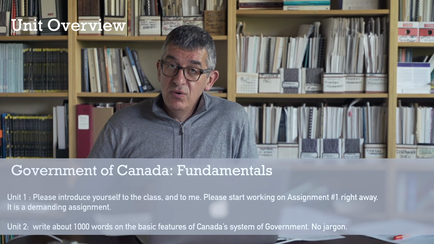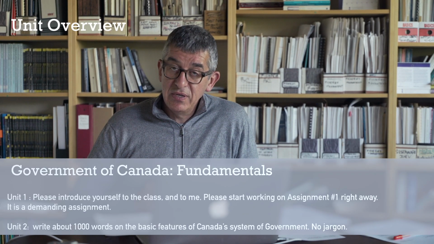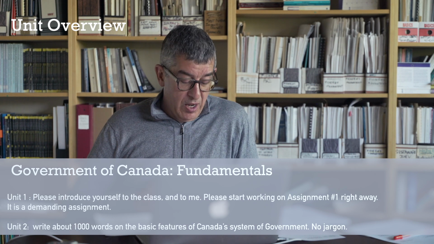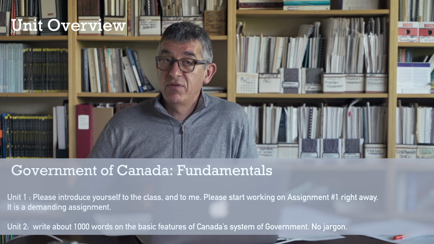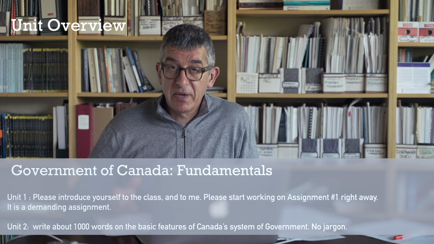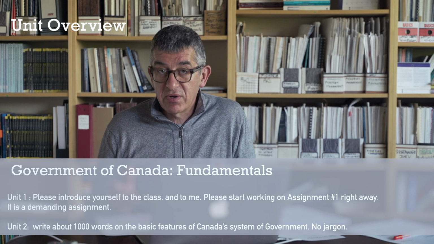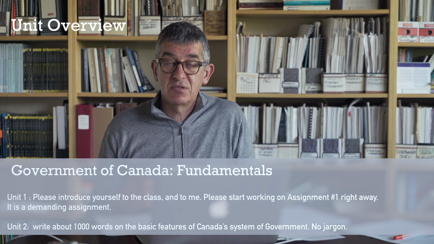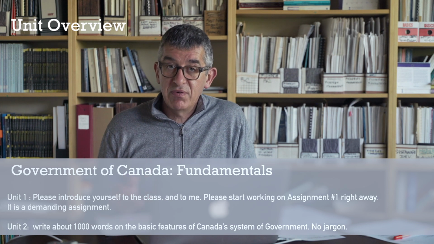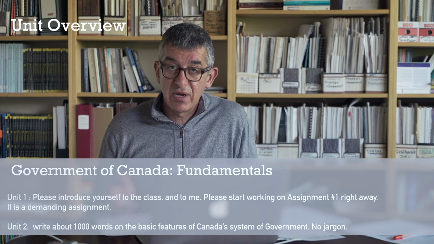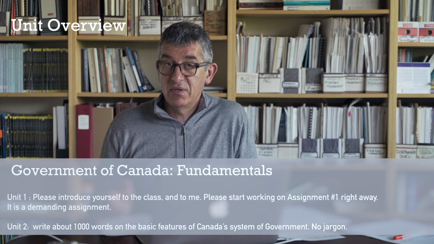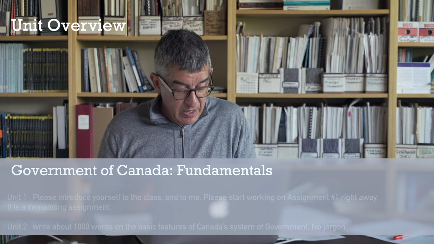So in Unit 2, and I'll come back to this in a few minutes, we're basically looking at the fundamentals, the big picture. We look at the federal government, its institutions, we look at the provincial governments, we look at territorial governance, and we look at local government.